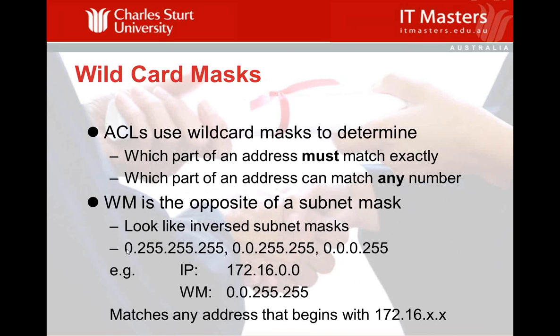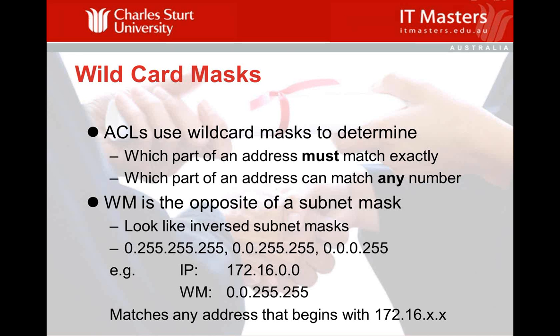So for instance, 0.255.255.255 would be the standard, so to speak, wildcard mask for a Class A network. 0.0.255.255 would be the standard wildcard mask for a Class B, and 0.0.0.255 would be the standard one for a Class C network.